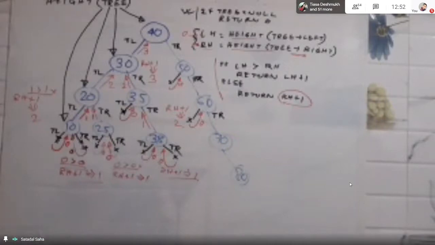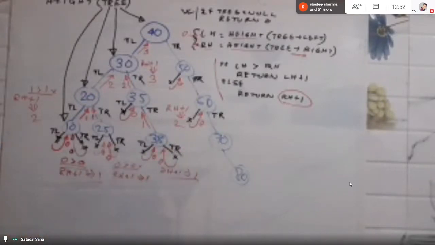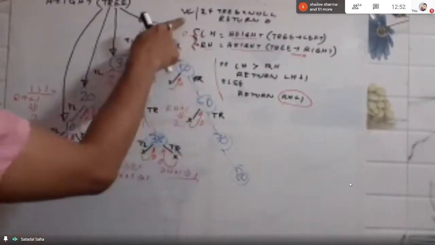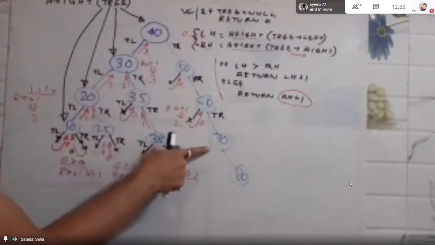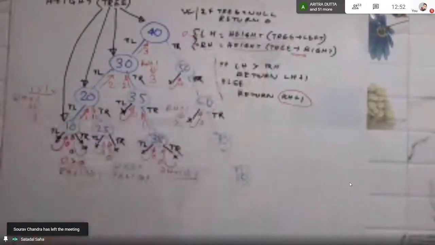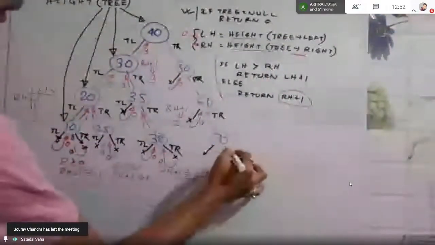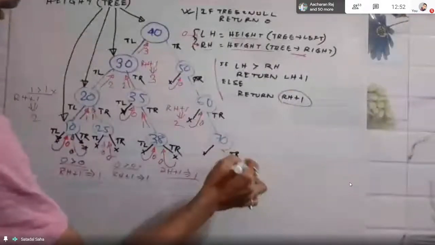That means it is calling the function height with the node 70. Obviously 70 is not equal to null. So sitting at 70, it will call the function height with the left subtree, which is null in this case, and later it will call the right subtree, which is 80.